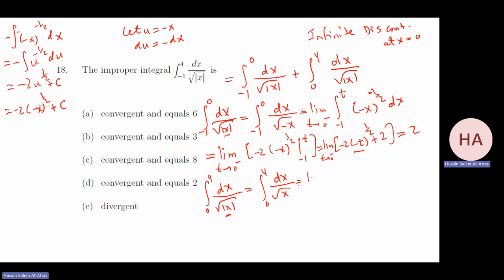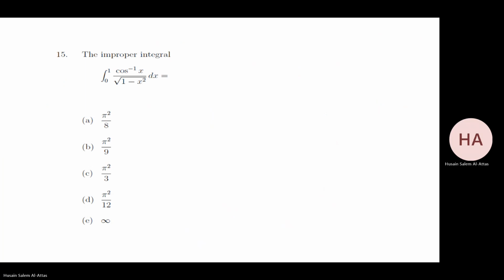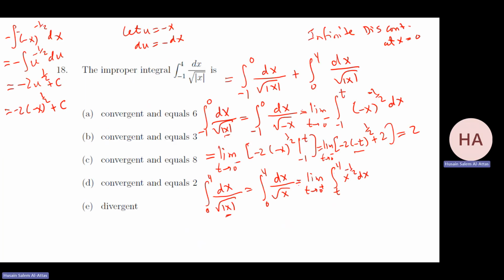Which is the limit as t goes to 0 from the right of the integral from t to 4 of x to the power minus half dx. And that will be equal to what? What is the integral of this?